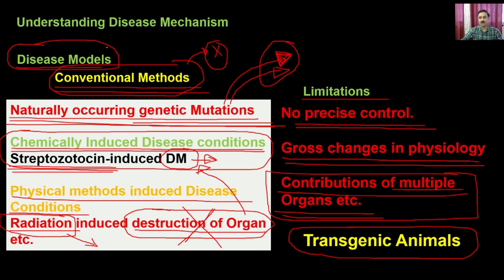Once you develop the disease model, you can understand the mechanisms of some of the processes, or you can use that model for screening compounds or other applications. So let's discuss some of the disease models which are being developed utilizing transgenic animals.